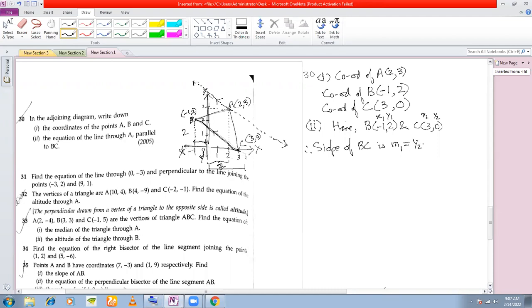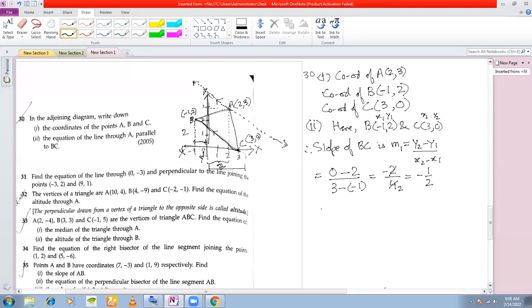This will be y2 minus y1 by x2 minus x1. Put the values. y2 is 0, y1 is +2, x2 is 3, and x1 is -1. It is -2 by 4, right? So this will cancel here, and you will get -1/2. So you have got the slope of BC.